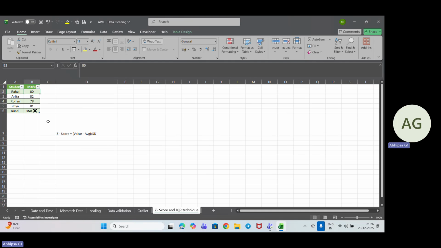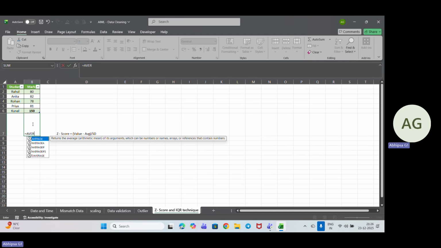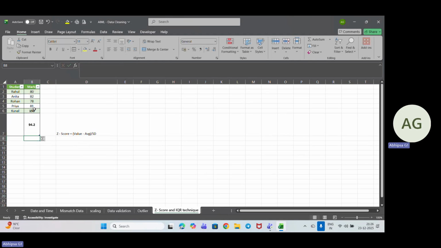So first we need to find the average. Taking the values from here to here, we are getting 94.2. Now we need to find the standard deviation. It will tell how spread out the marks are, right?